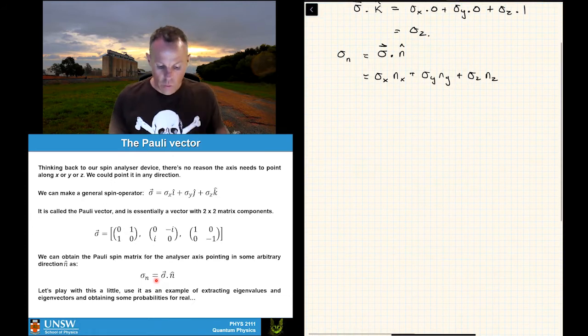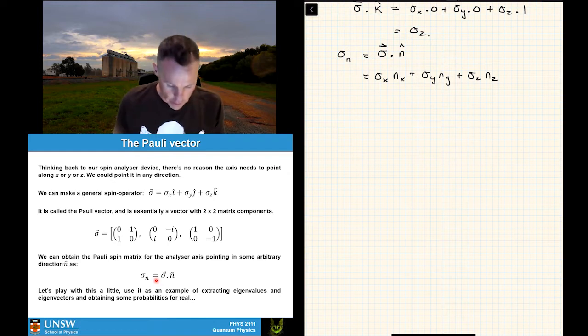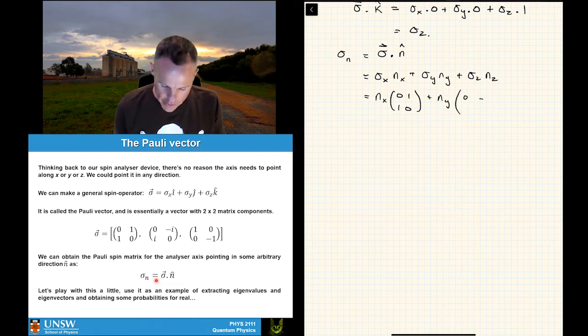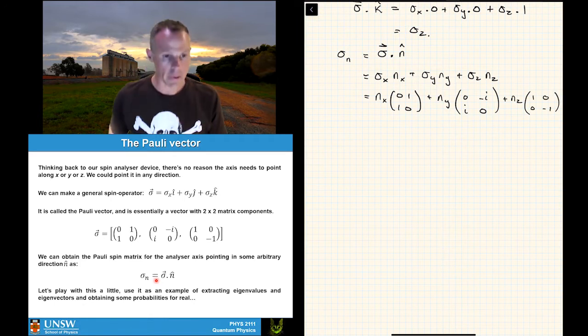And so we could take this one step further and now just write this as a set of matrices, right? So what we would have is nx here, and we would put our Pauli matrix 0, 1, 1, 0, plus ny 0, minus i, i, 0, plus nz 1, 0, 0, minus 1 in here, okay?